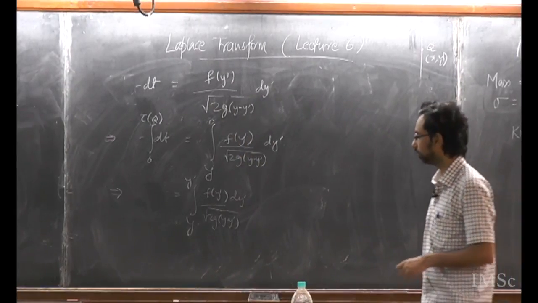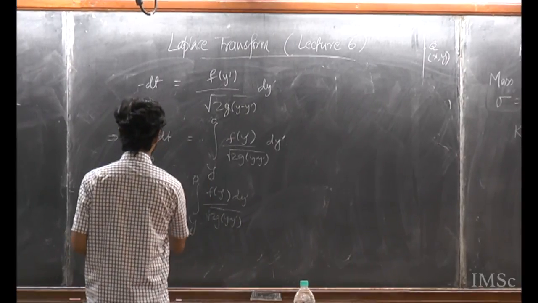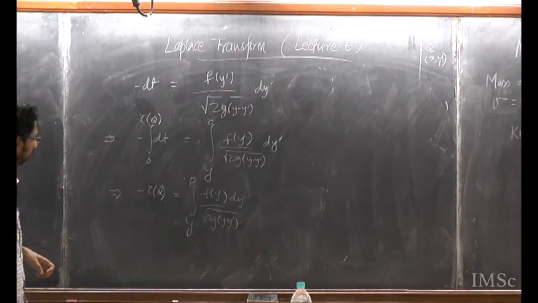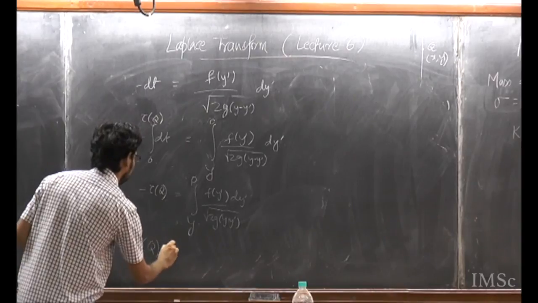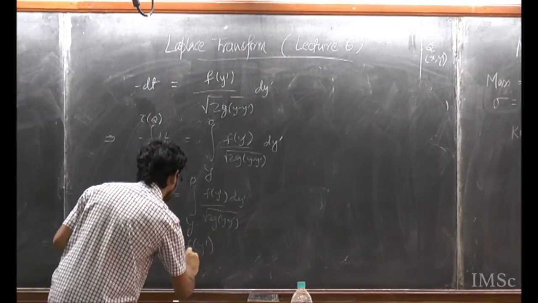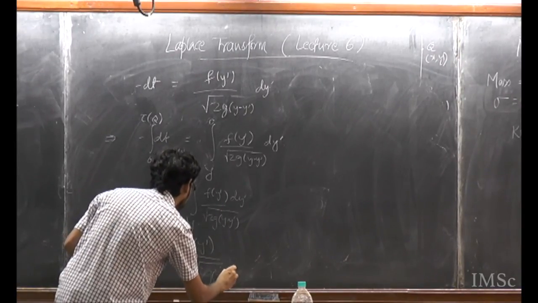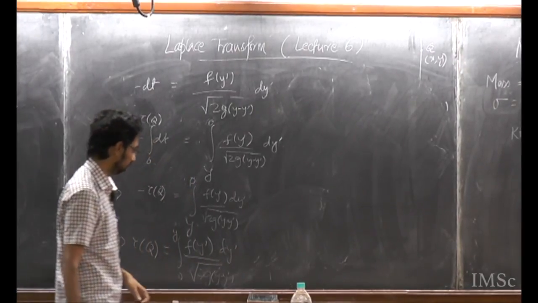So this is minus tau q. So this means that tau q is the integral from 0 to y of f(y prime) over root of 2g (y minus y prime) dy prime.